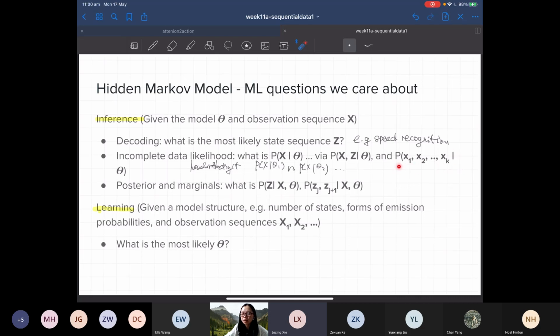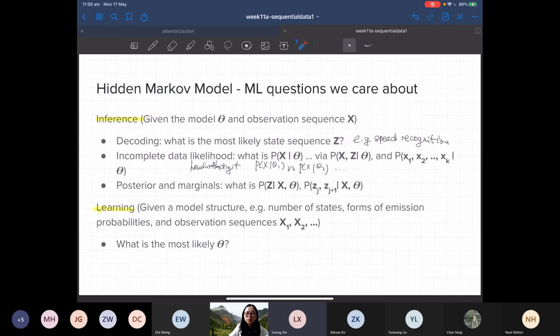Basically, if we can divide and conquer and compute the probability of the partial sequence, we can get the probability of the entire sequence. We can of course compute marginals and also marginals for a particular transition as well. These are good for diagnosis.